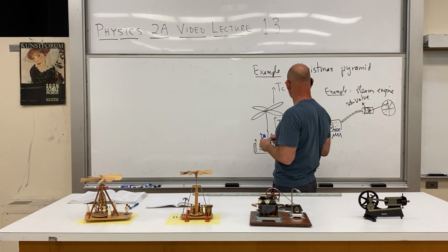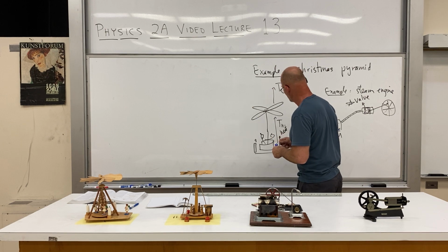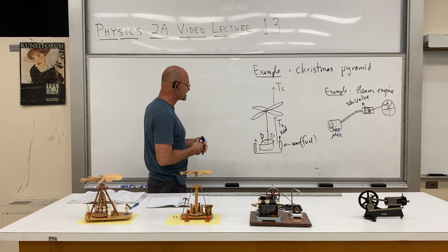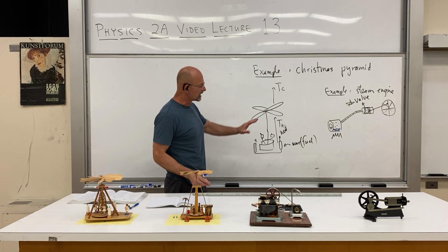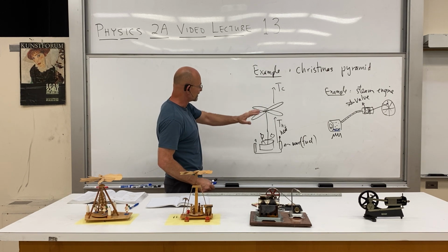So let's analyze the Christmas pyramid a little bit more. Actually, all of the things are in place except for the chimney effect. So yeah, you guys make a better picture than I made here. I'll make a better one in a second too for the steam engine.